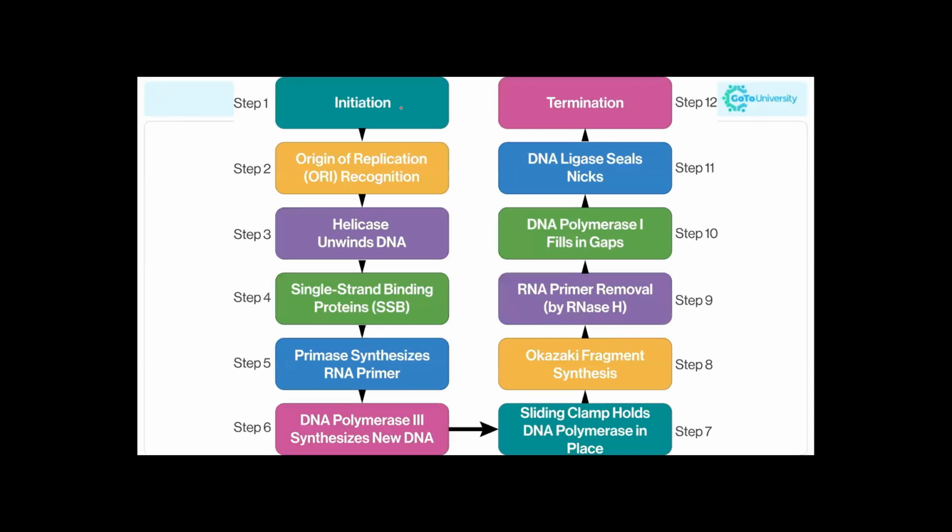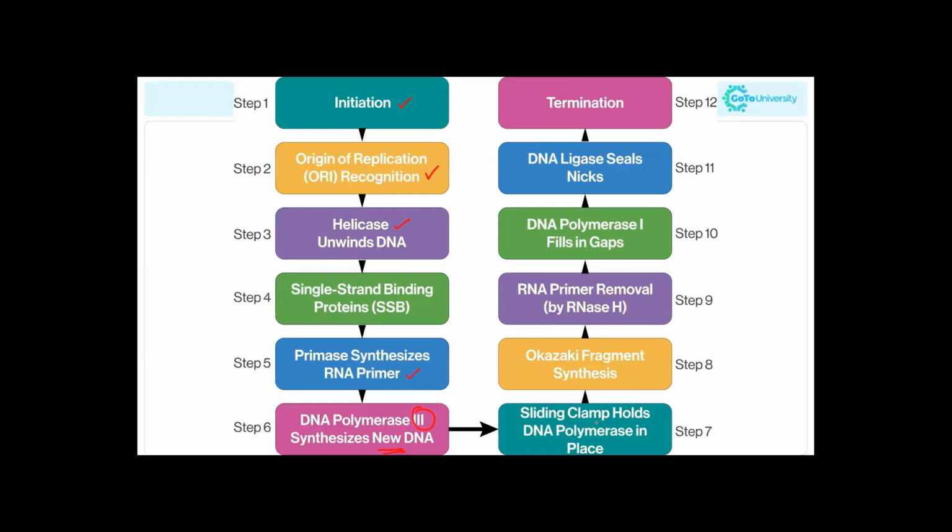So first is the initiation. We have the origin of replication, the ORI site, from where the replication starts. The helicase enzyme unwinds the DNA. The single strand binding proteins hold the single strands apart, and the primase synthesizes the RNA primer. DNA polymerase 3 is responsible for synthesizing the new DNA.